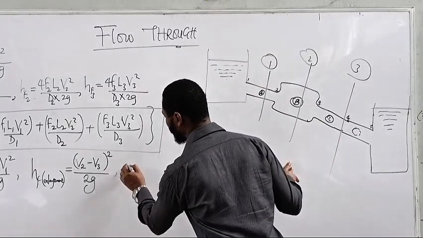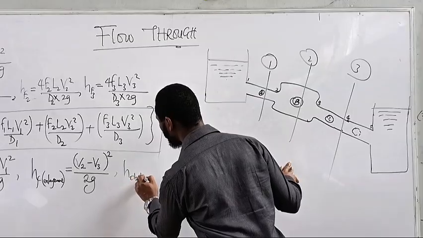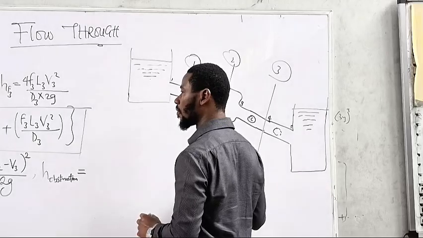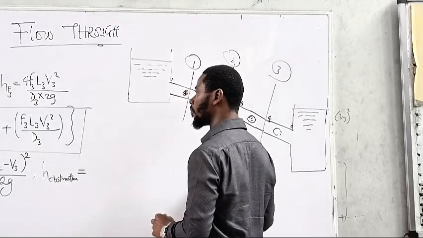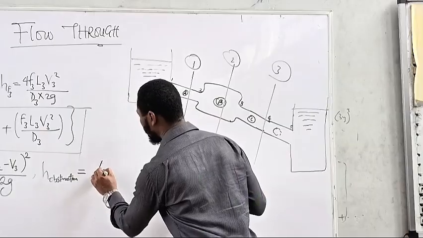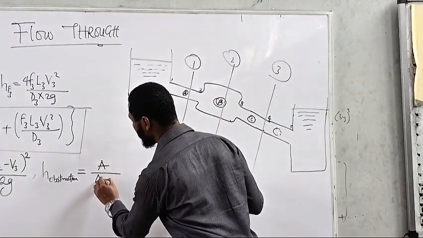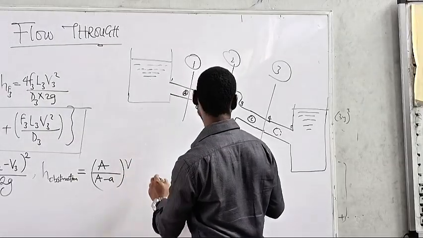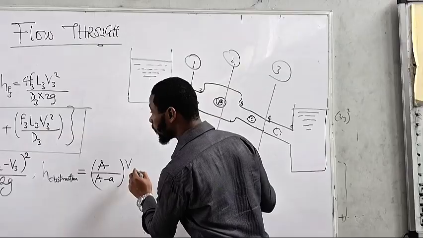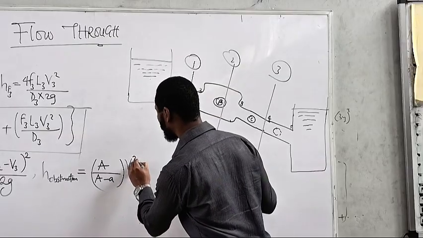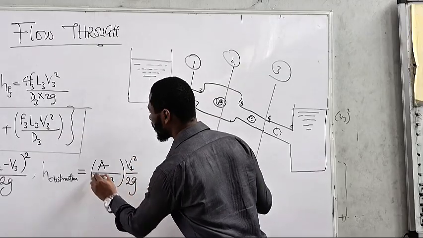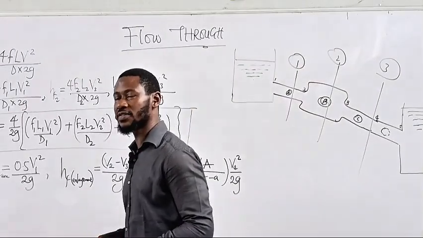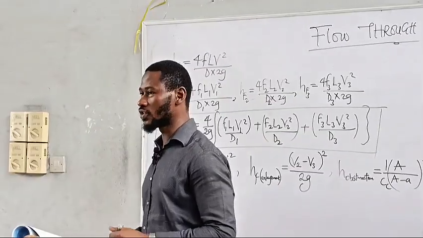For obstruction, we have it as A over A minus a, multiplied by V4 squared over 2g, then 1 over Cc, where Cc is known as the coefficient of contraction.